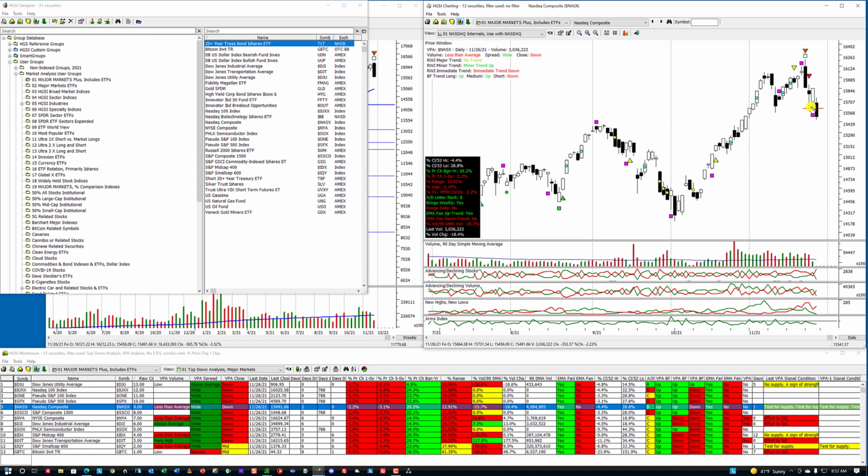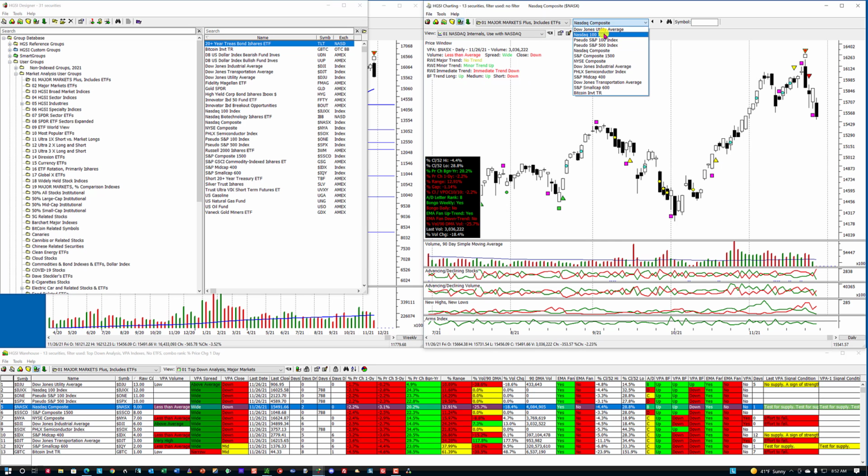This is kind of a tweezer bottom right here. See the two tweezers, and it broke through this, and consequently that's negative also. What do we have over here? We have short term down, but the long term is up. The medium term is up. And we'll see how this unfolds in the future.